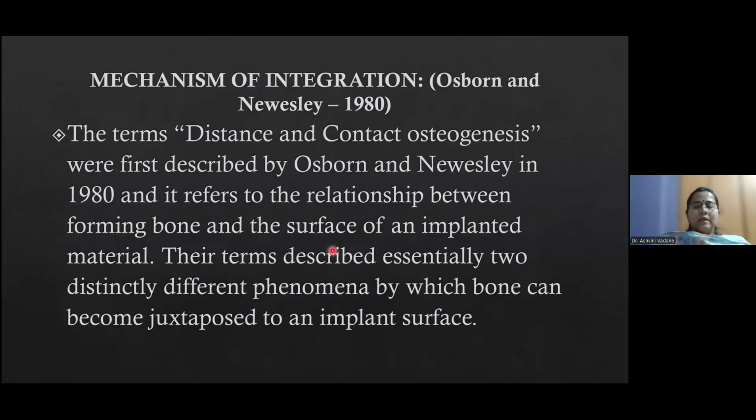The terms distance and contact osteogenesis were first described by Osborn and Newesley in 1980, and they refer to the relationship between the forming bone and the surface of the implanted material. These terms describe essentially two distinctly different phenomena by which bone can become juxtaposed to an implant surface.